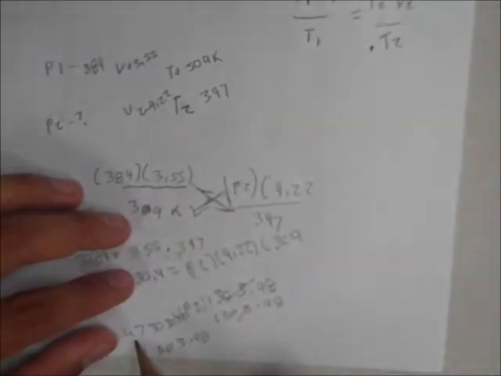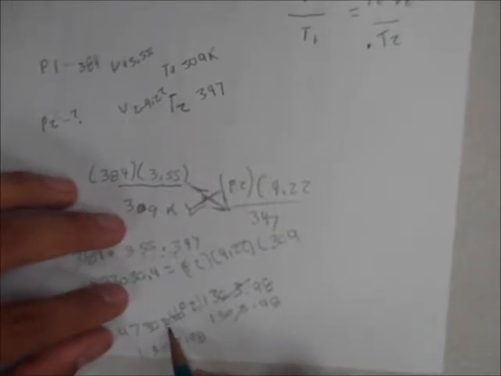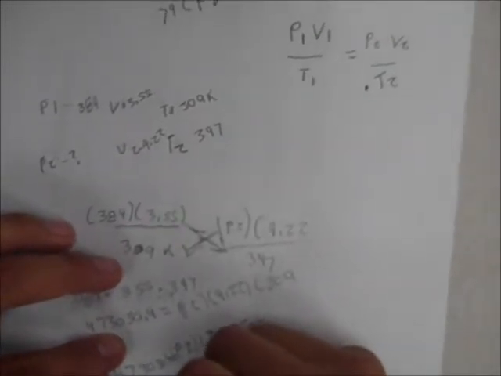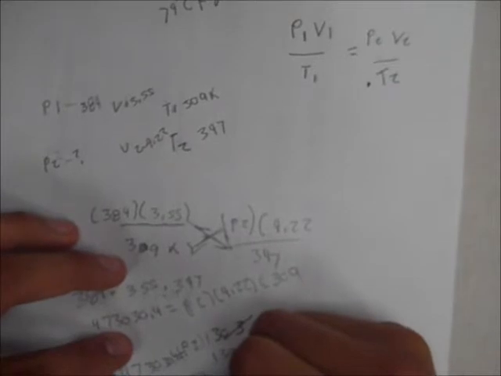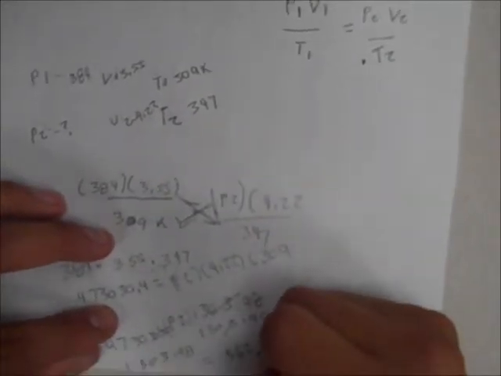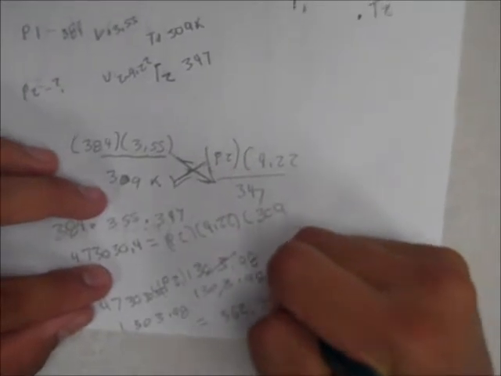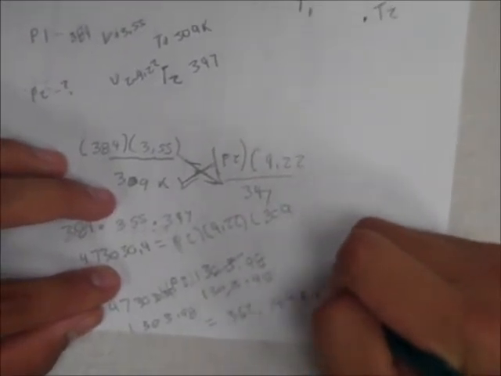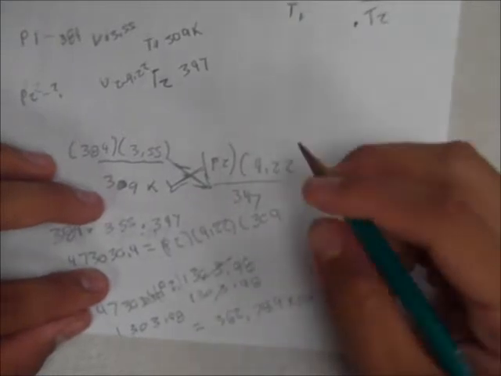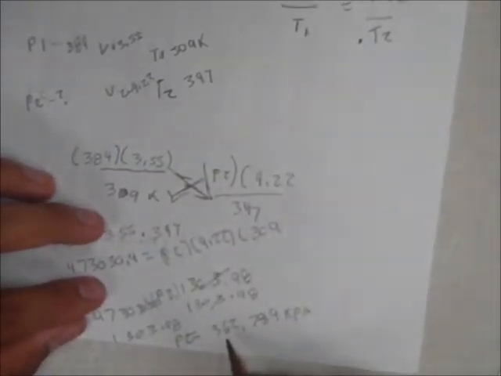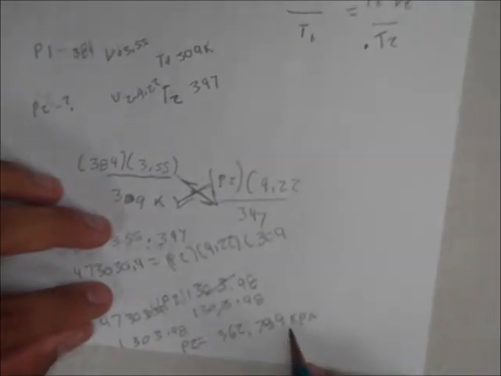So then you divide 473,030.4 by 1,303.98, and you get 362.759. So P2 equals 362.759 kPa.